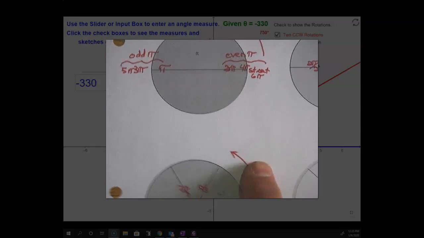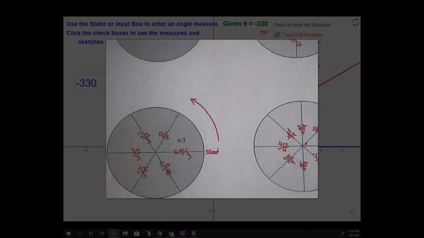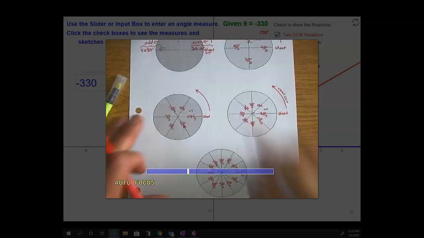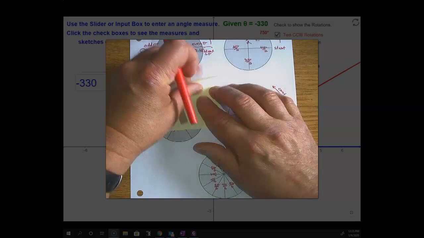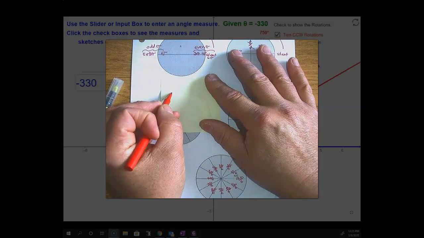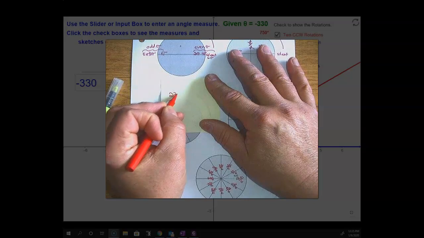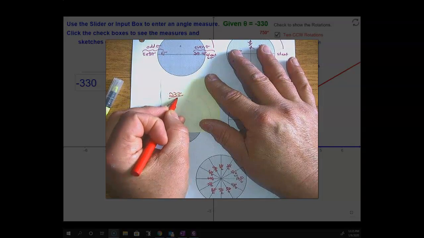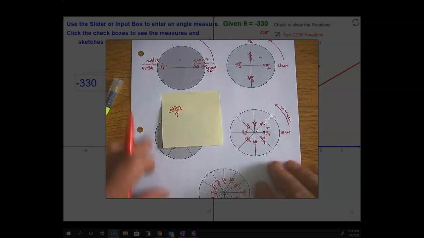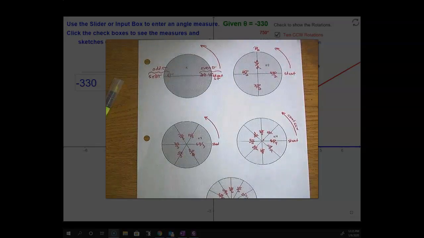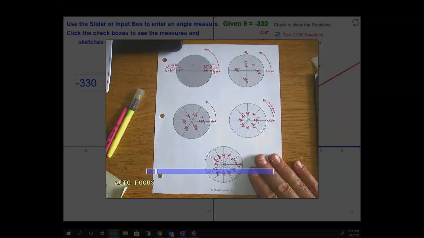A question becomes, what if it's not one of these? What if I gave you something like 23 pi over 9? Well, we didn't make one that was cut into 9 pieces.